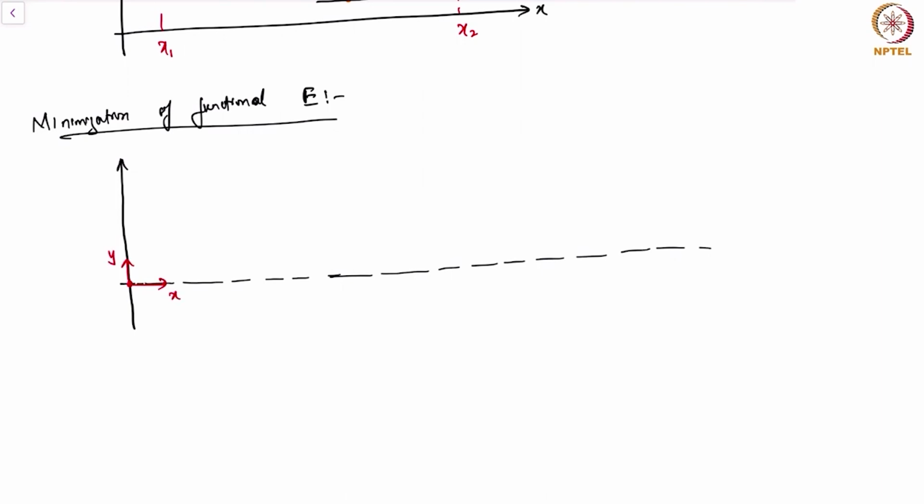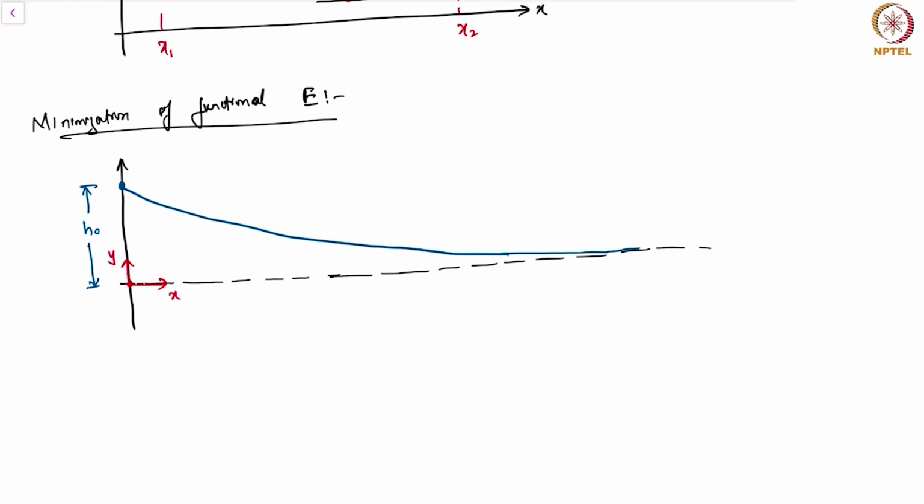Let's say I prescribe that the meniscus will start at this location, that is at H0. Now, what I want to find out is the shape of this function which will give me the lowest value of energy E.